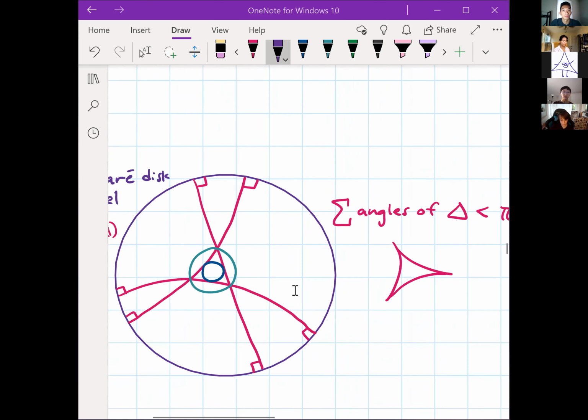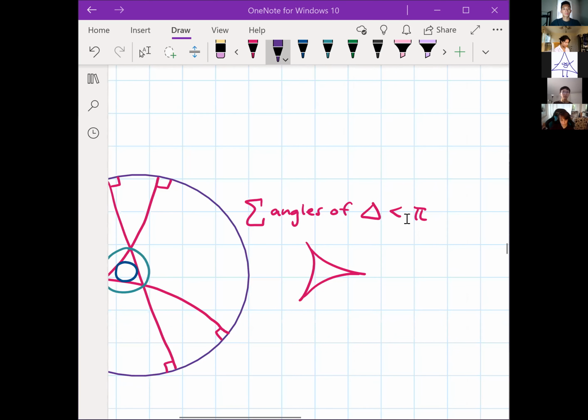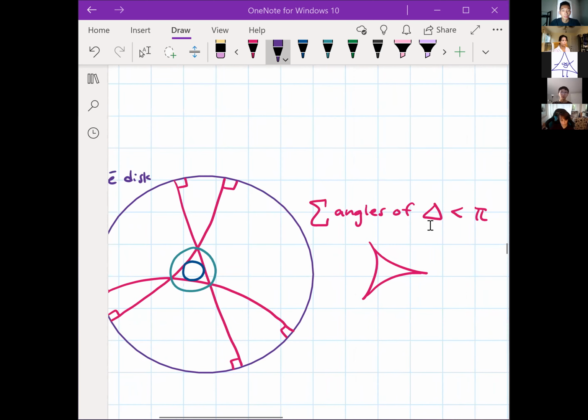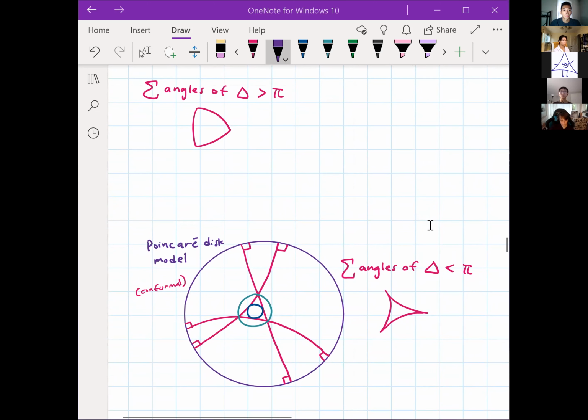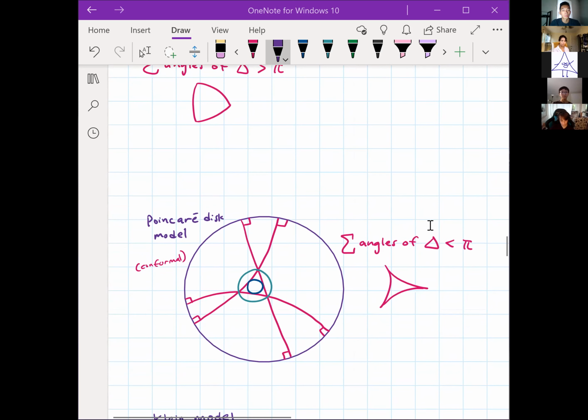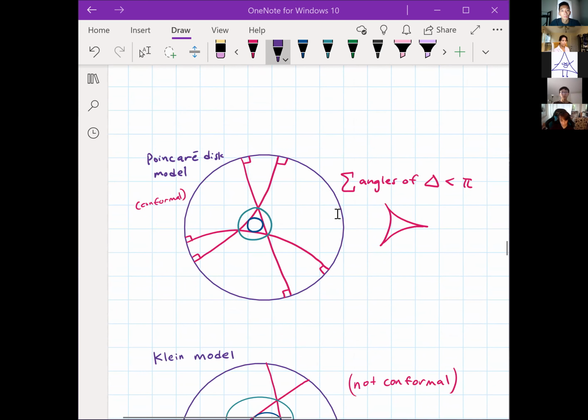So it turns out that the angle sum of our triangles in hyperbolic space is always going to be less than pi. And I guess you can sort of think of curvature intuitively as how much less or greater than pi the angle sum of a triangle is. So for more curved spaces, it's going to be further away from pi.